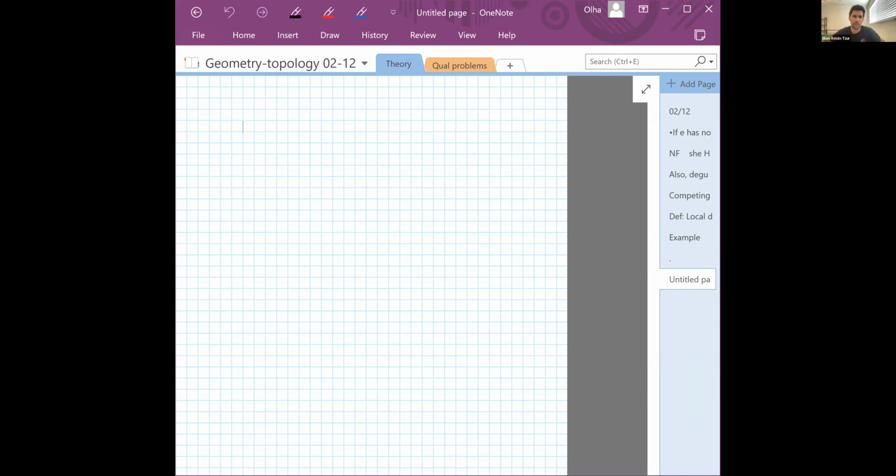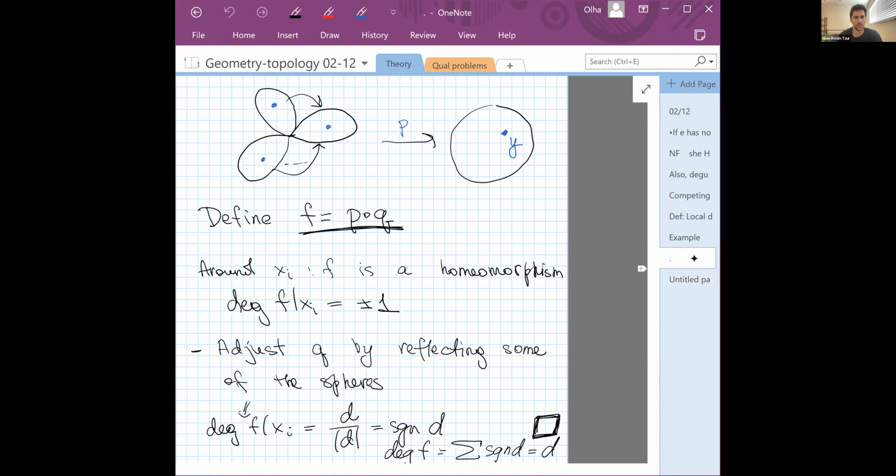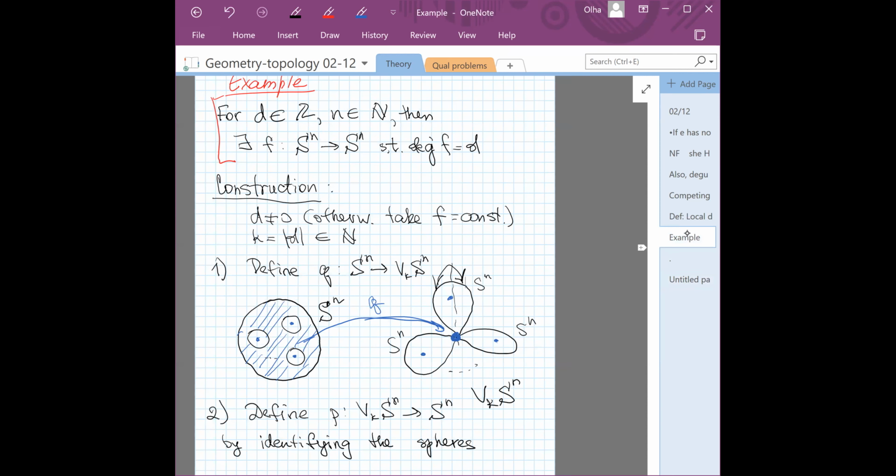Oh, sorry, I have another question. I don't know, maybe you mentioned this already, but when we're computing the degree of the map, we pick a specific point. Are there restrictions on what points we're allowed to pick? Or is it true that all points will give you the same computation? Not that I know of. In the book, they say we want all points to have finite preimage, but then they use this specific construction, and it doesn't have all points having finite preimage. So I'm going to say no, that I know of.